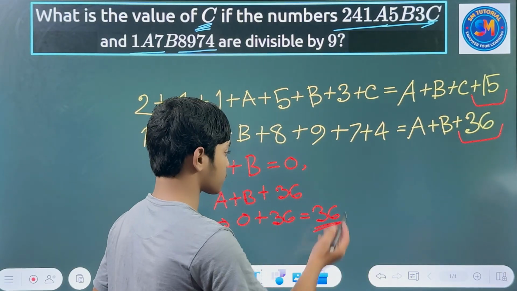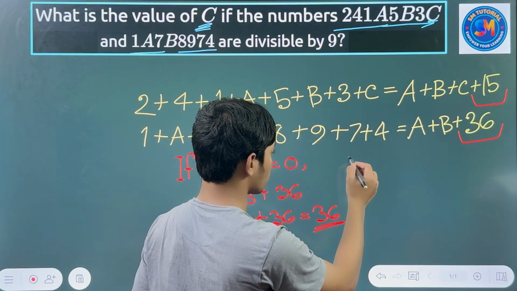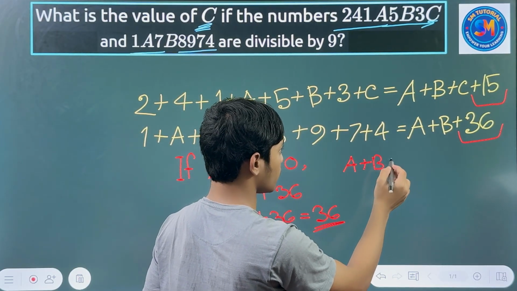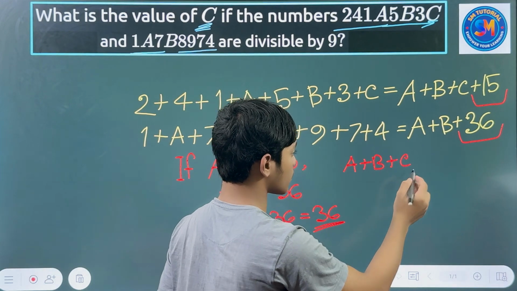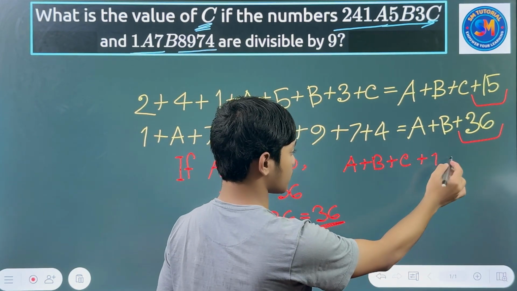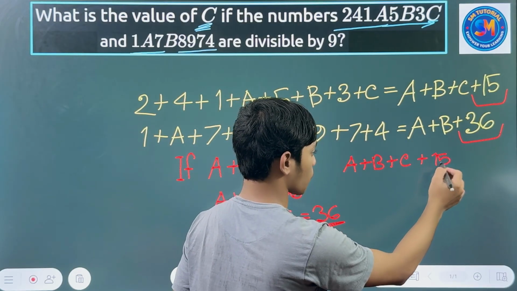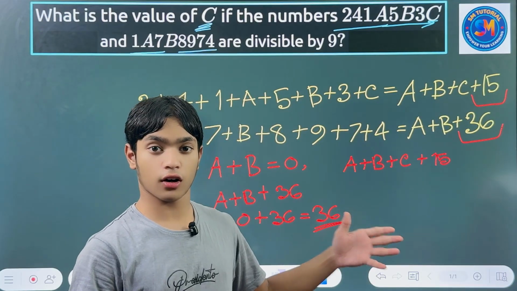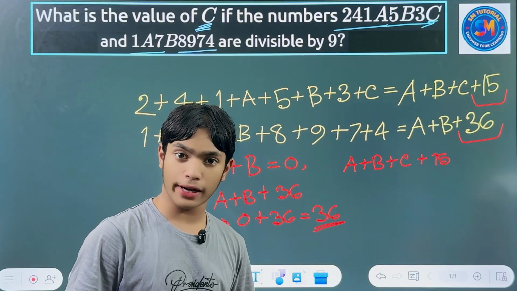Okay. Now if you work for this, you will get a plus b plus c plus 15. Do you know what is the nearest number to 15 which is divisible by 9?